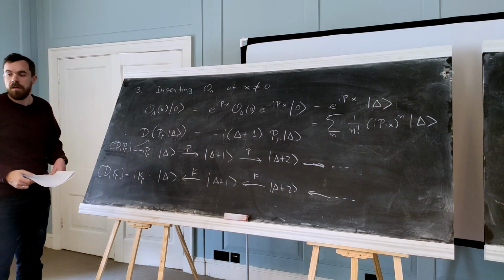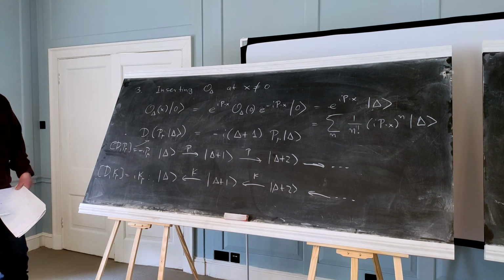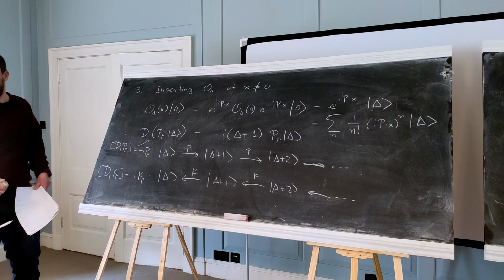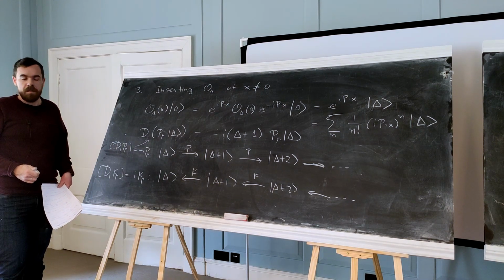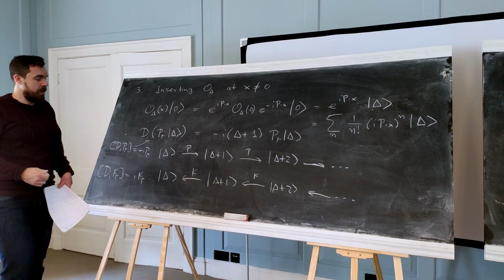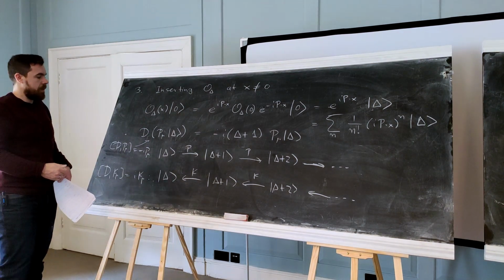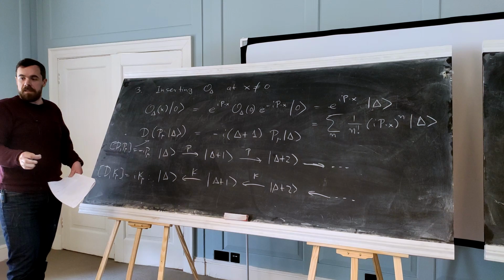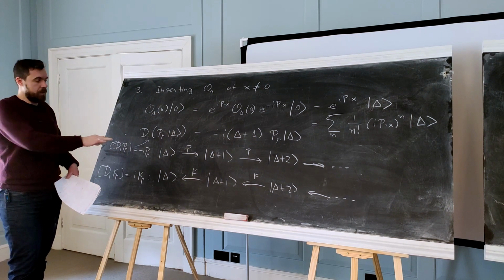And when delta is not an integer. Sorry? When delta is not an integer, yeah, delta is not necessarily an integer. So when would it stop by k? I don't know when I would go back to the vacuum. There will be a state, the primary state in particular, that's what we showed.